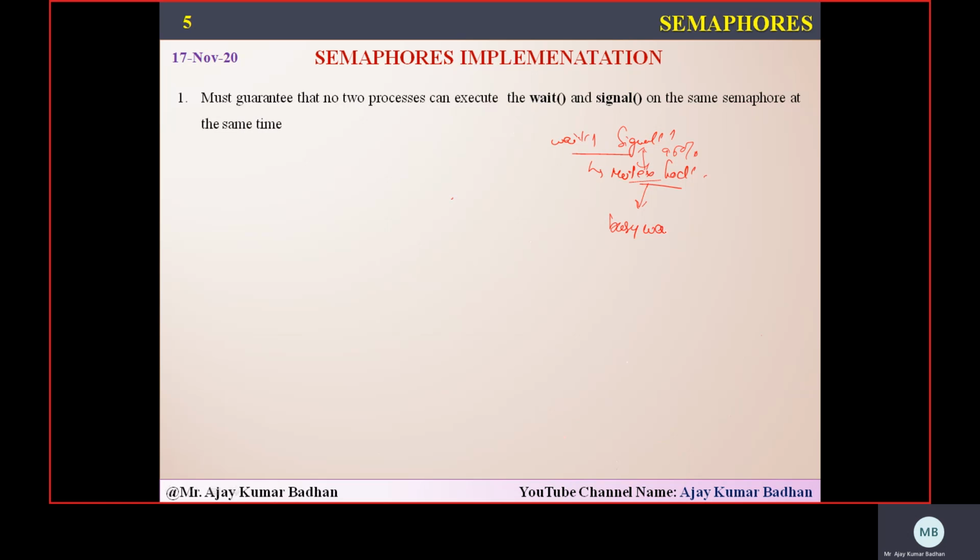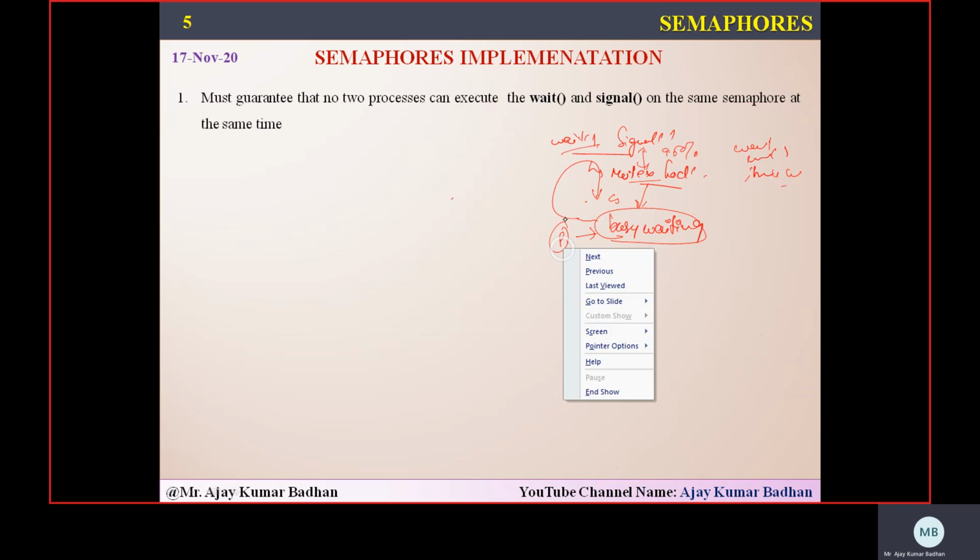Something called busy waiting. That's what in the wait operation I'm writing as busy waiting: while condition, busy wait. What do you mean by busy waiting? The process which enters into busy waiting will keep on trying, after some time, to execute that wait operation. If it finds that the critical section is busy, then it will wait for some time.